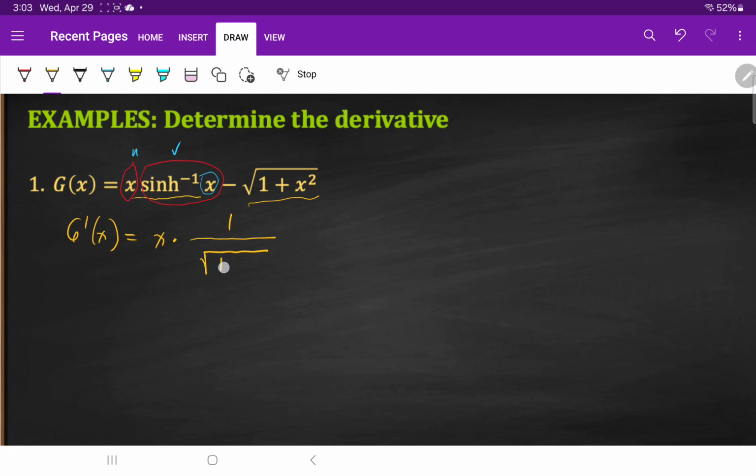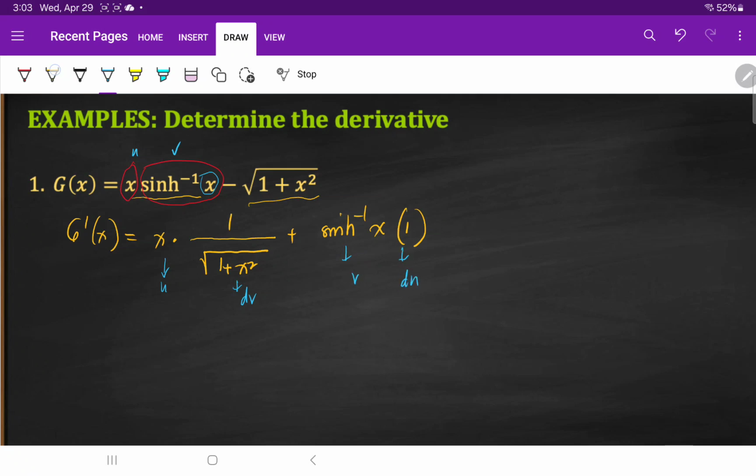So over the square root of 1 plus x squared. Then plus inverse hyperbolic sine x times the derivative of x, which is 1. So again, this is u, this is dv, then you have your v, and this is du.